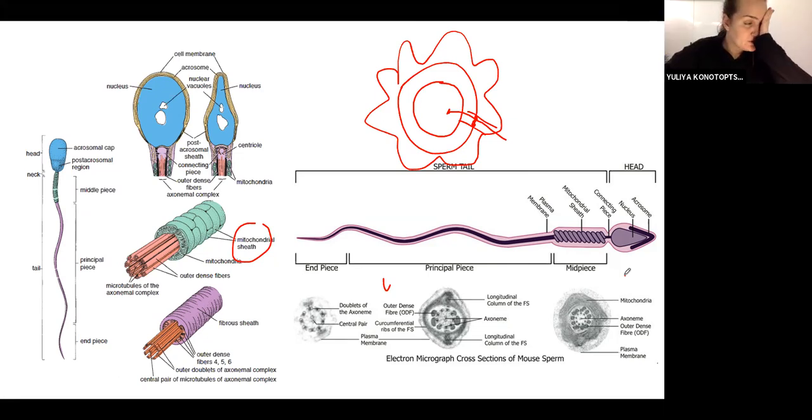How long is the entire spermatogenesis? 74 days. From the spermatogonium to the spermatozoa, the entire process takes 74 days. But knowing that, every day a male makes approximately 200 million spermatozoa. So they're all at different stages, every day.